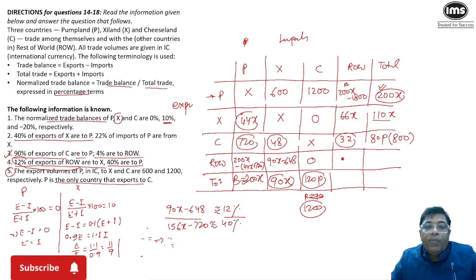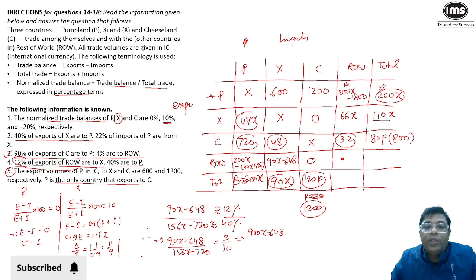So if you simplify, I can say 90x minus 648 divided by 150x minus 720 will become 12 by 40, which I can write as 3 by 10. Now you cross multiply and I think we'll be able to solve the value of x. So 900x minus 6480 should be equal to 156 into 3, which will become 468x minus 2160.